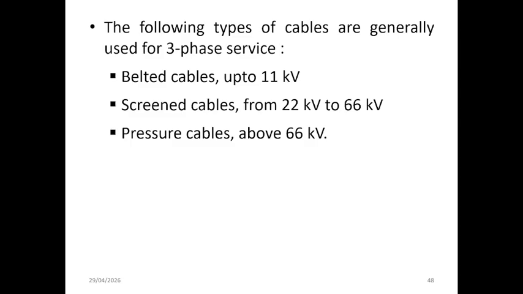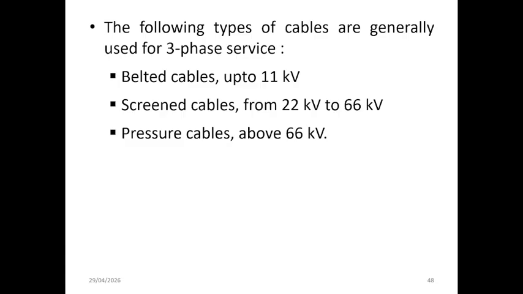Okay, this slide presents the main types of multi-core cables used for three-phase power systems based on voltage levels. Belted cables are generally used for voltages up to 11 kilovolt.